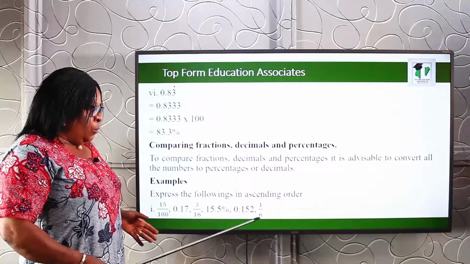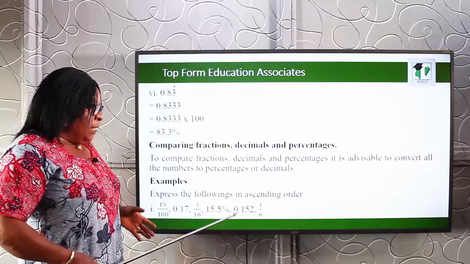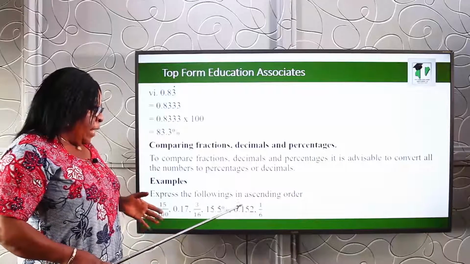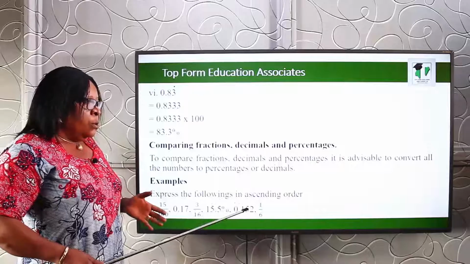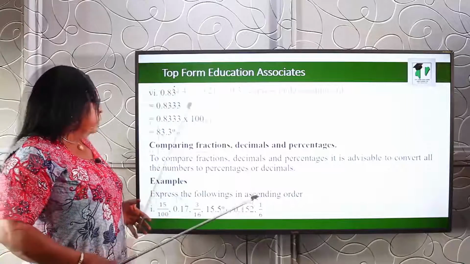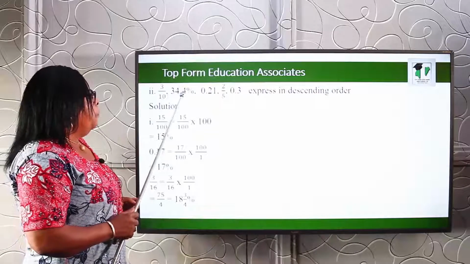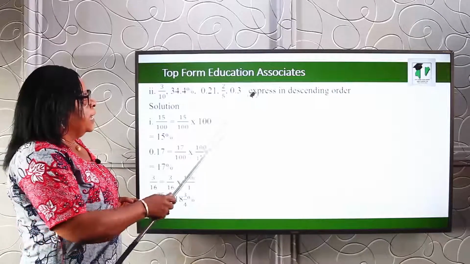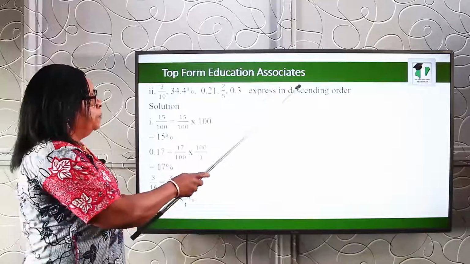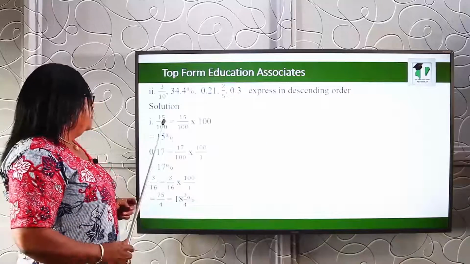And what we are going to do is to put them in the same form, either as decimals or as percentages.